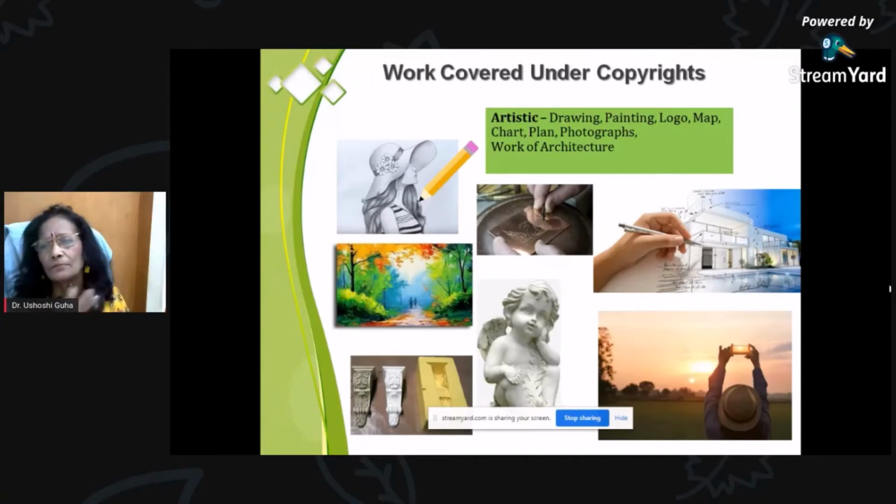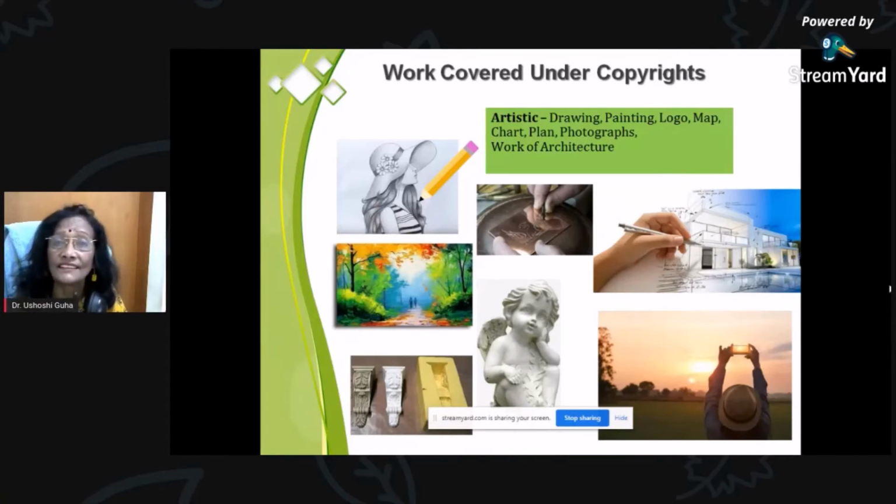And it is a complete beautiful area. I can go on talking about it. My humble suggestion to the architecture faculty and civil engineers: please try to learn from somewhere how architectural plans, how the work of architecture, can be covered under copyright.